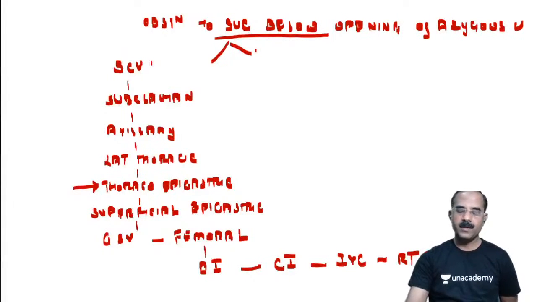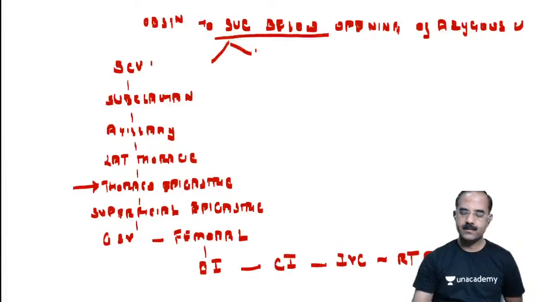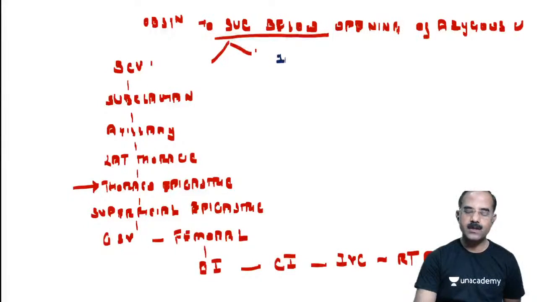Now, which is the other pathway? There's one more pathway. Understand this now. The blood goes from the brachiocephalic to the internal thoracic vein.